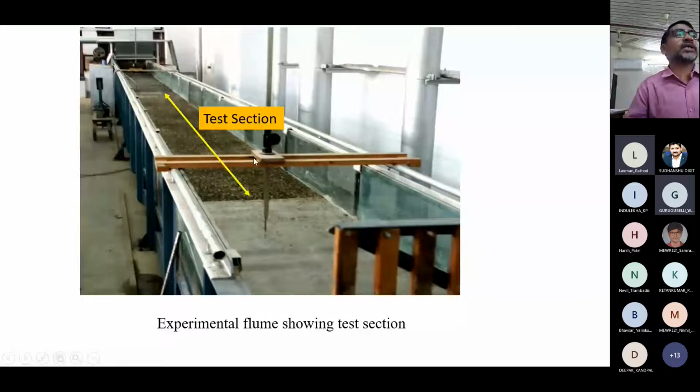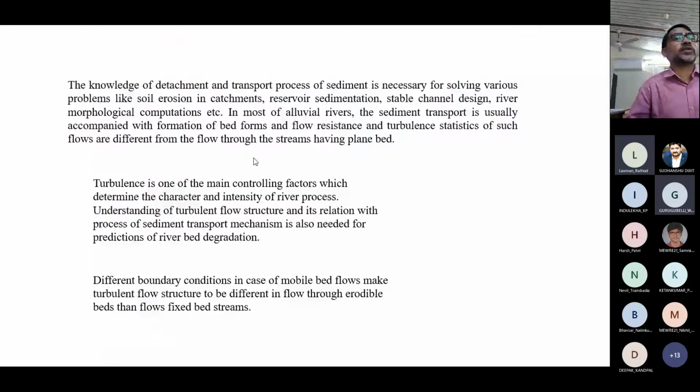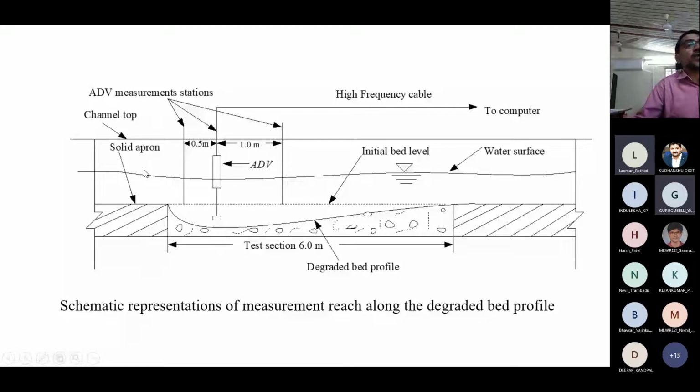And how was it a degraded section? See, I'll go to that photograph also. Now this one. If you see this figure clearly, this is the drawing which we have made. Now this is the solid apron and this is the 6 meter length test section which I have just shown in the photograph, and this is the schematic diagram of the degraded shape.